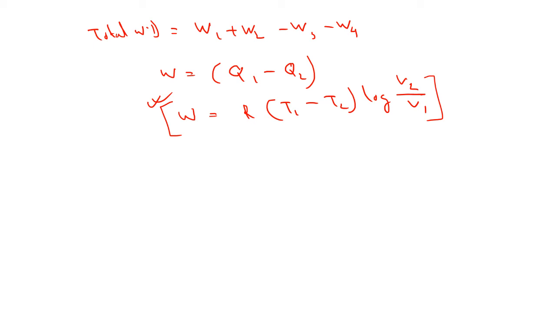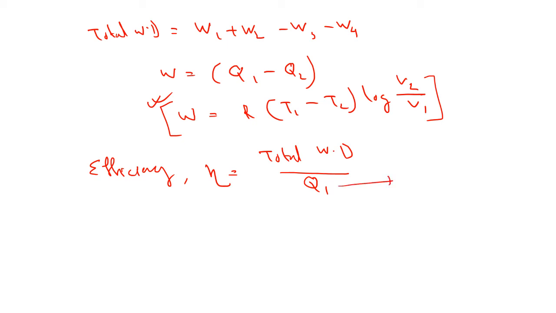Now our next aim is to find the efficiency. We can represent the efficiency eta equal to total work done by the Q1. So what is this Q1? You can write the amount of heat received.